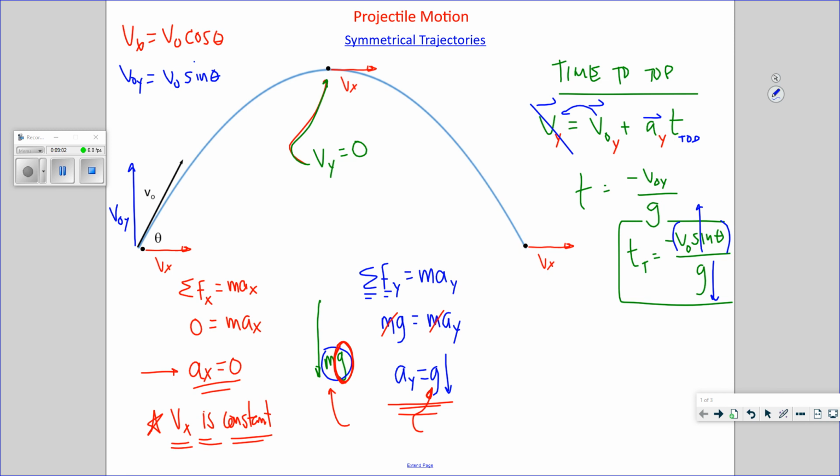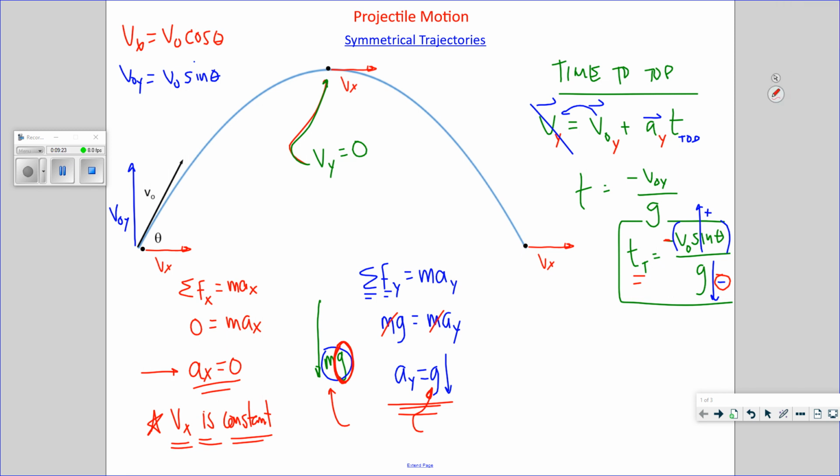Typically what you do is say upward is positive, downward is negative, so G is negative 9.8 or 10. But then there's this negative algebraically here, so that negative and the negative for G cancel out, and time is left as a positive number. Good.